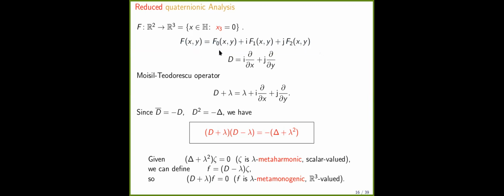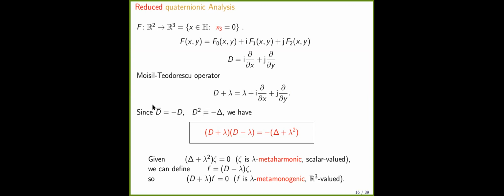The operator considered by Luna et al. in the article I mentioned in the previous slide is i times the derivative with respect to x plus j times the derivative with respect to y. If we add lambda, we get a so-called Moisil-Theodorescu operator, lambda plus D, where the scalar part is lambda, and the vector part has an i and a j. In this case, D minus lambda is simply minus the conjugate of this operator.